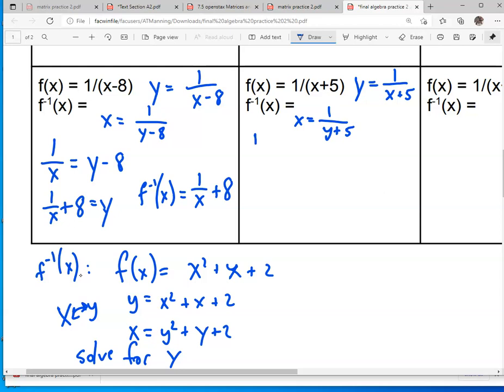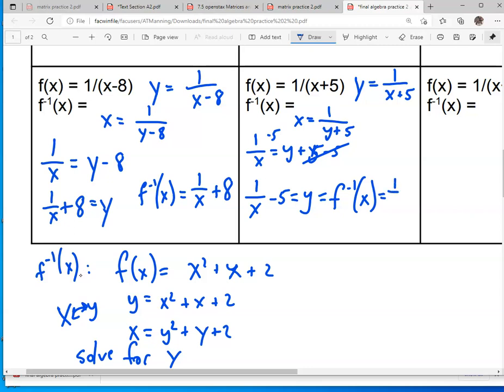So 1 over x equals y plus 5. Now subtract 5 from both sides, and the 5 cancels out. And I get 1 over x minus 5 equals y. That equals f negative 1 of x, or f inverse, which is the proper term for it. So f inverse equals 1 over x minus 5.